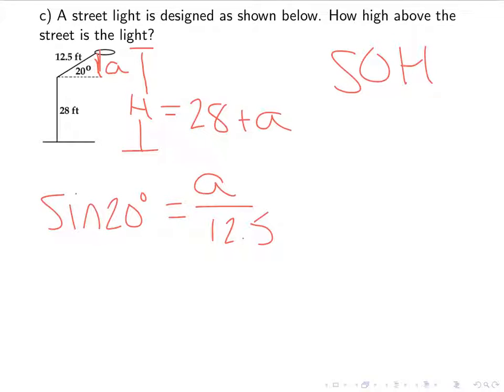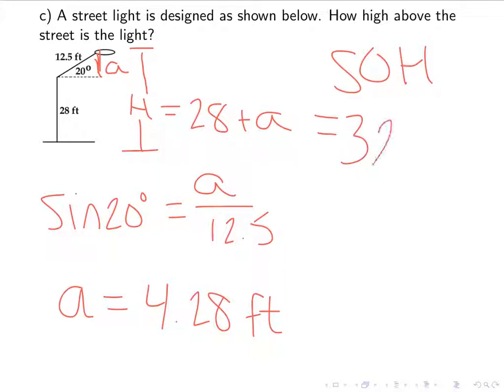Just swing the 12.5 over, and A will be, if you do it correctly in your calculator, 4.28 feet, which means that the answer to my question is 28 plus that, which is 32.28 feet.